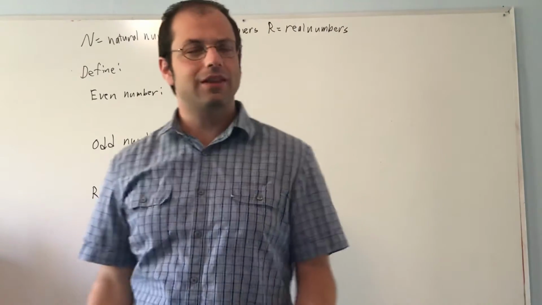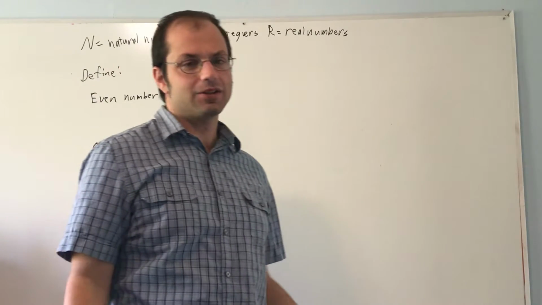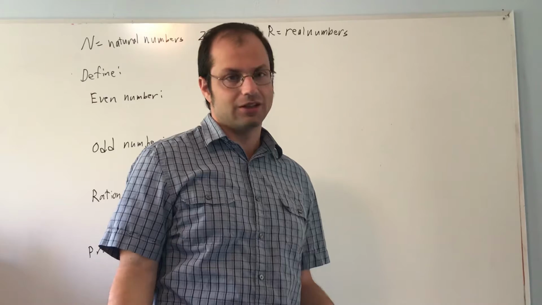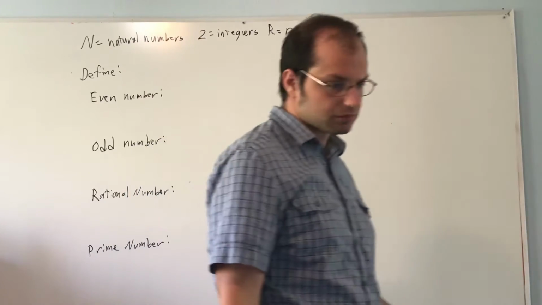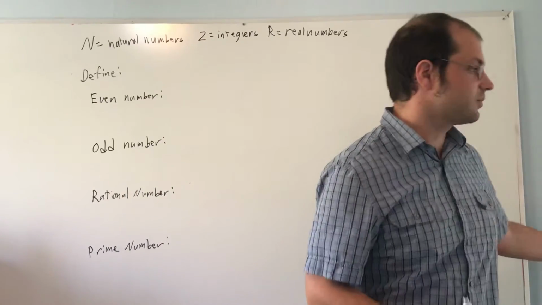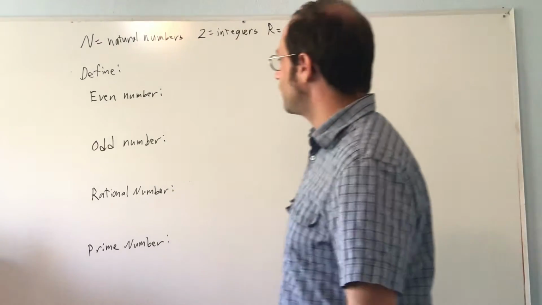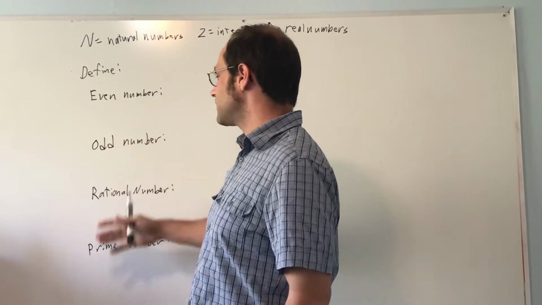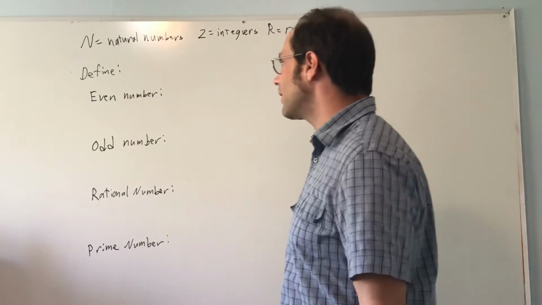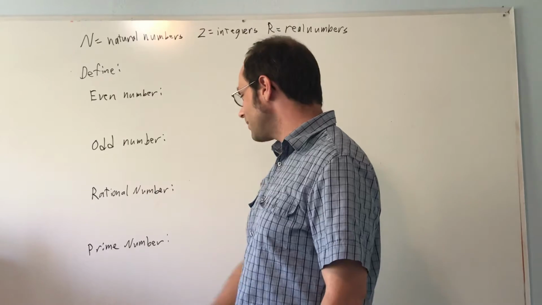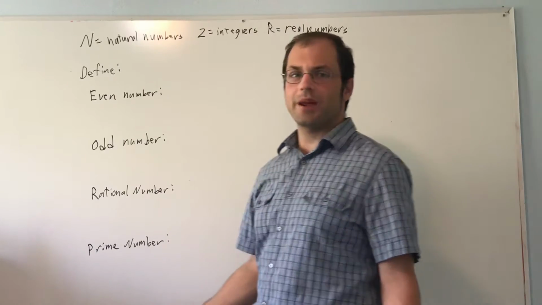One of the great things about nested quantifiers is that you can write a lot of mathematical definitions using them. So let's look at a few common words that we've used before: even number, odd number, rational number, and prime number.